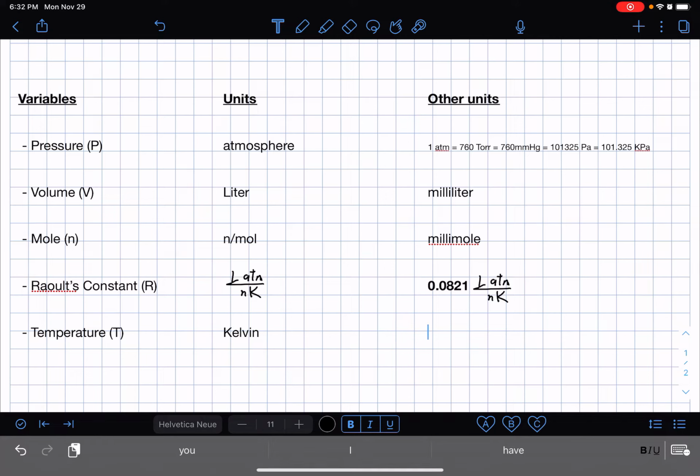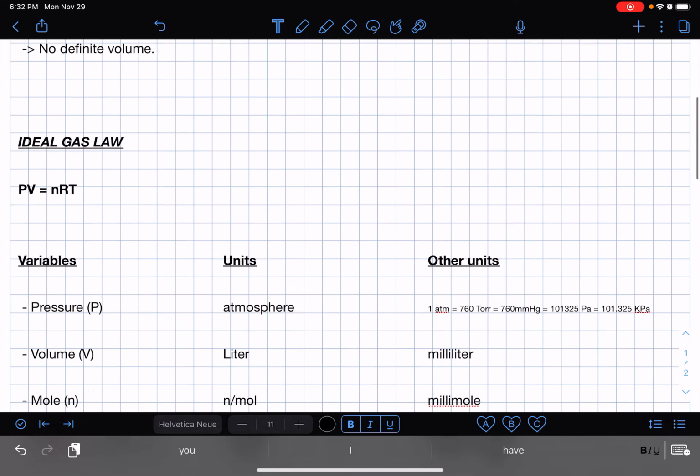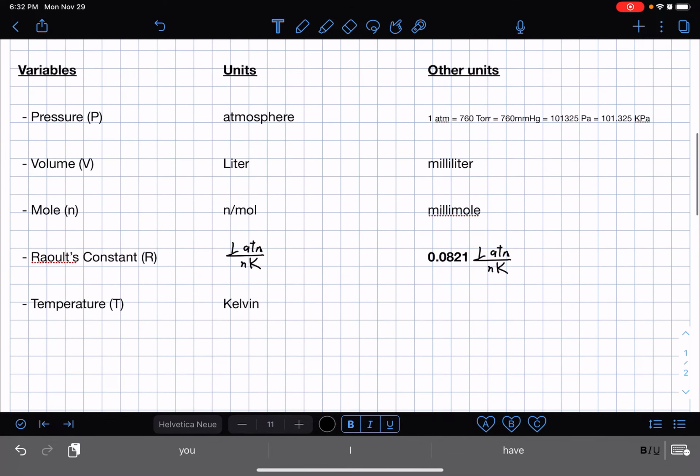While usually, word problems involving the ideal gas law usually specify temperature in terms of either degrees Celsius or, you know where this is going, Fahrenheit.